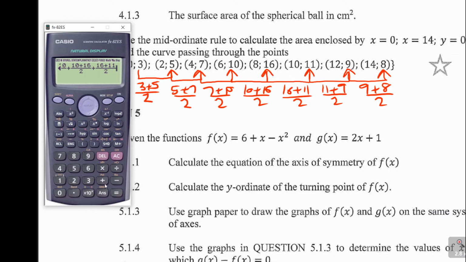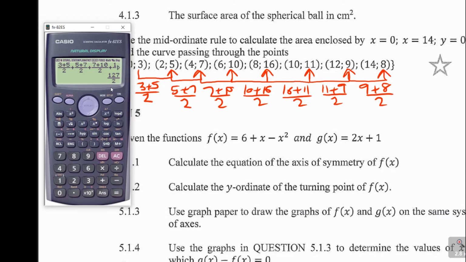You just keep on repeating, plus, just make sure you don't make an error. It's 11 plus 9 over 2. Then you continue plus, and then it's 9 plus 8 over 2. You get that? Usually when you see that box, it means the numbers are about to finish.